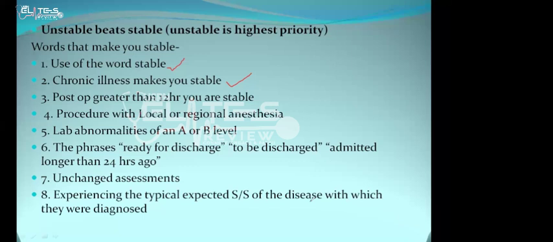Though chronic illness doesn't mean you're stable, in terms of prioritization, you will not prioritize chronic conditions over acute. So that's what the second point is also trying to say.